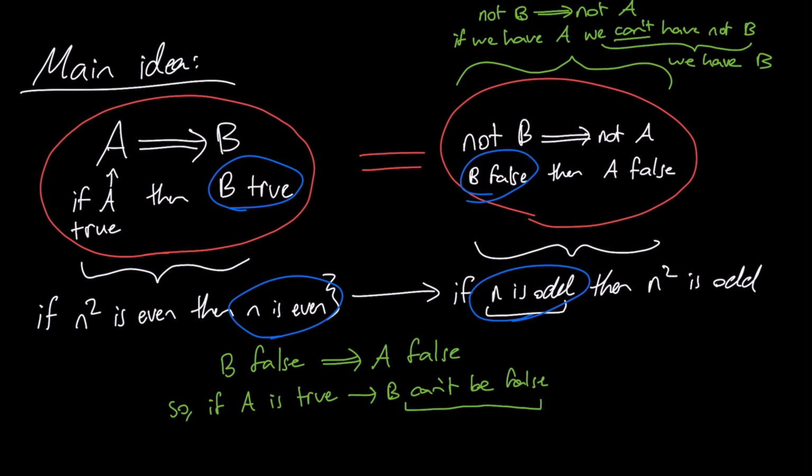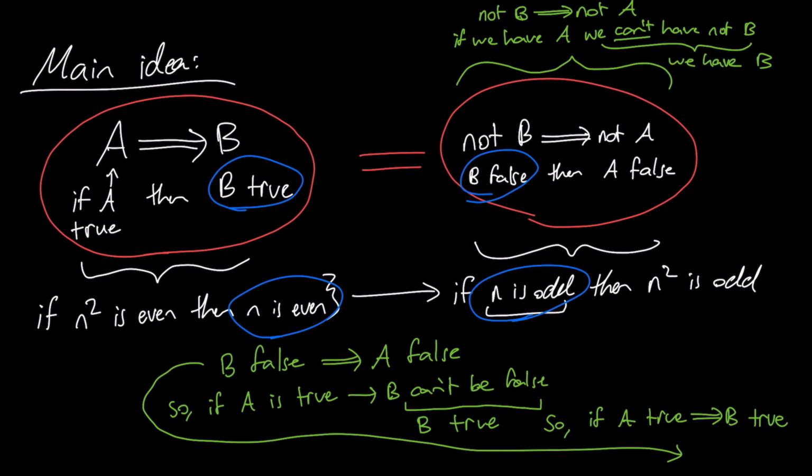And can't be false is the same thing as B being true. So if A is true, then B is true. This kind of thinking is what's happening behind proof by contrapositive, and why it's saying that these two statements are in fact equivalent.